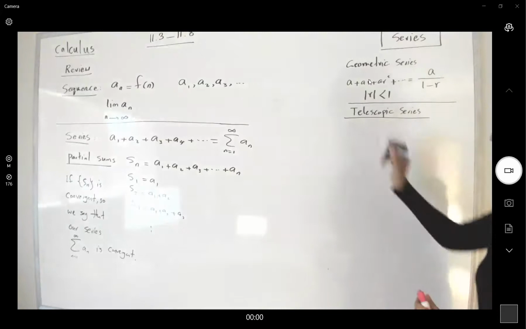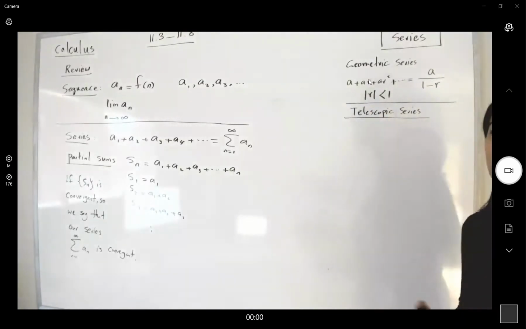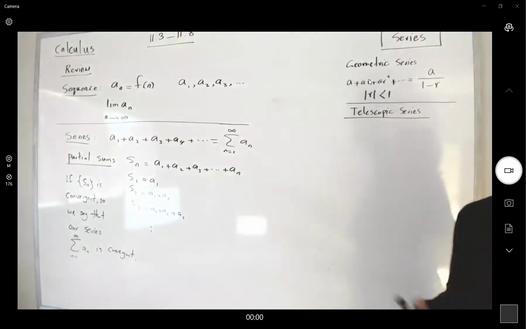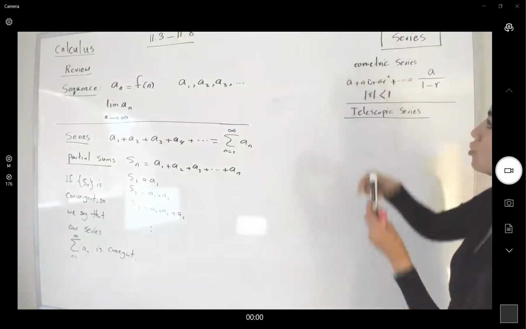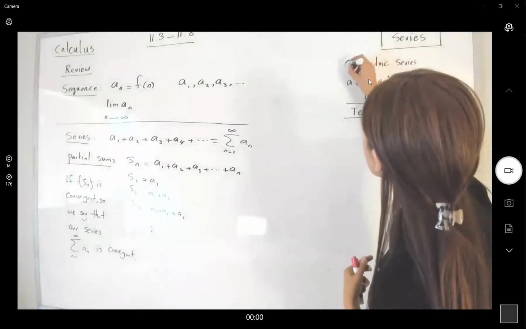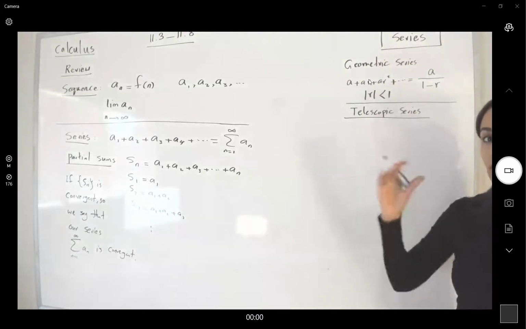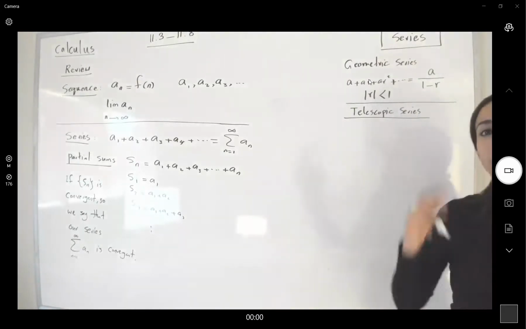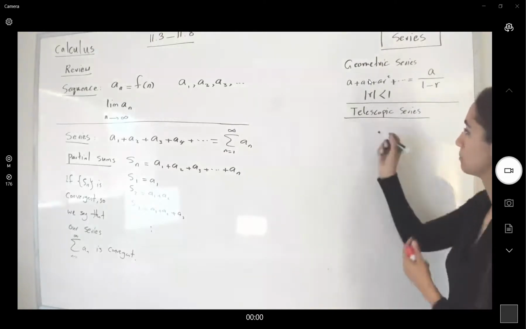Then we asked, what is the next step? What if we have a series that doesn't satisfy the definition of a geometric or telescoping series? We said that if the general term satisfies 3 conditions, we can use the integral test.